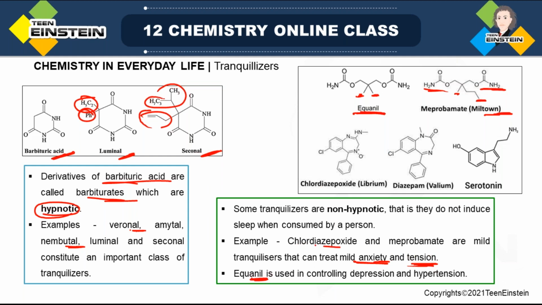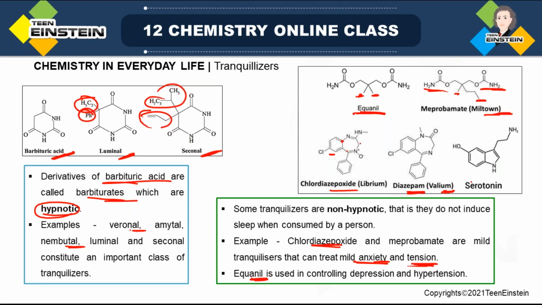And this chlordiazepoxide, you can see there is a benzene ring which is attached to a heterocycle where 2 nitrogen atoms are present. 1, 2, 3, 4, 5, 6, 7. It is a 7-member ring which is fused with a benzene ring. Similarly, diazepam or Valium also has the same basic structure as this one, Librium or chlordiazepoxide.